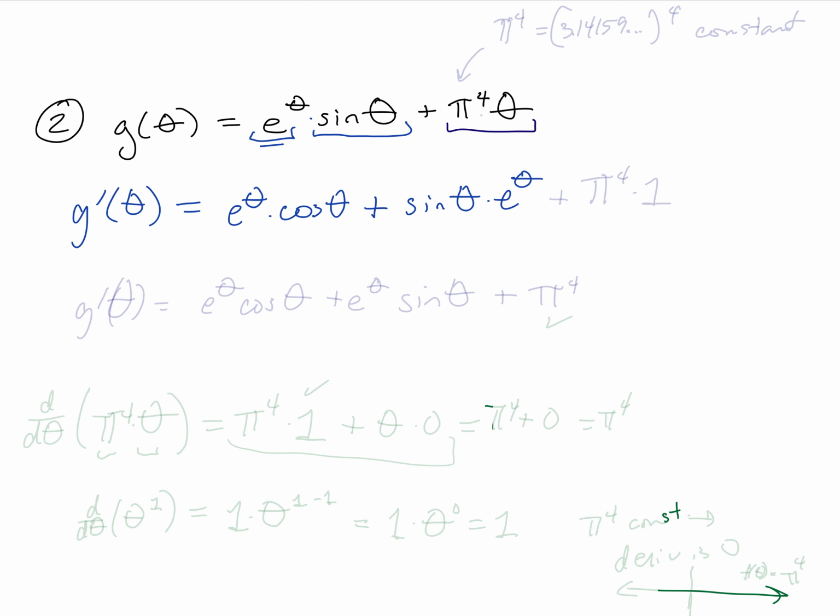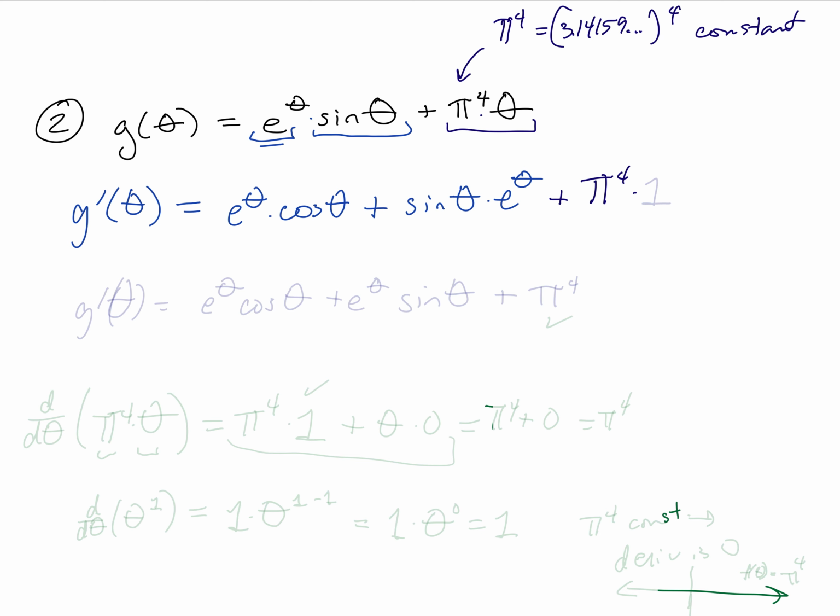Now let's take the derivative of this piece. So plus. Now pi to the fourth theta. We could think of that as a product, but what is pi to the fourth? Notice that pi to the fourth is just 3.14159 and so on, to the fourth power. That is a constant. And so we can just use the constant multiple rule. This is equal to pi to the fourth, that constant, times the derivative of theta.